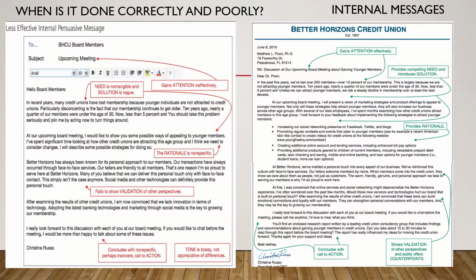First, let me explain that there are two types of persuasive messages, which are internal and external. When creating both internal and external persuasive messages, the same elements are applied. These elements consist of gaining attention, raising a need, delivering a solution, providing a rationale, showing appreciation for opinions, giving counterpoints, and calling readers to action.